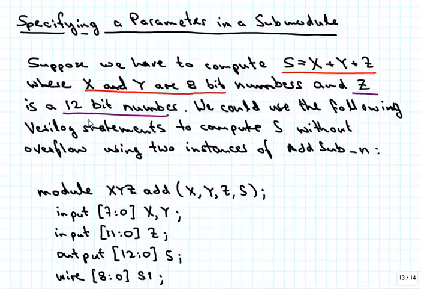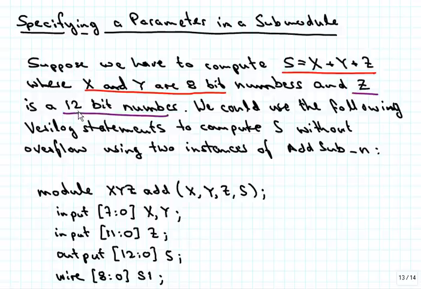So adding two 8-bit quantities together, if we do not want to produce overflow, we are going to get at most 9 bits, so we can use a 9-bit adder for that, and then we can add this 9-bit number to the 12-bit number. And if we again do not want to produce overflow, then we would get a 13-bit number as a result, so we would use a 13-bit adder.